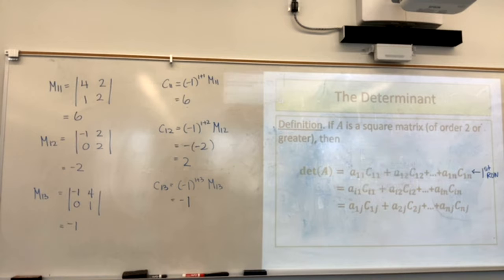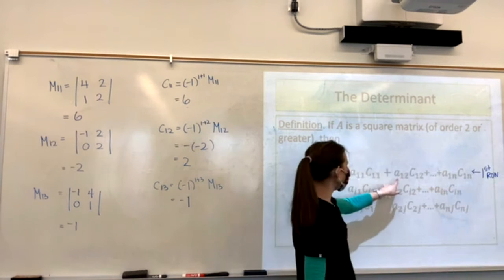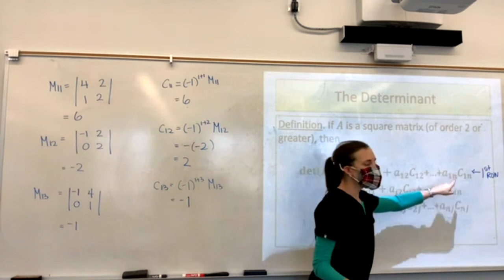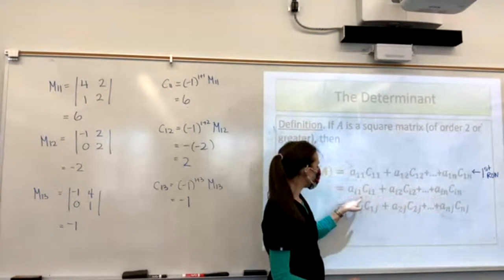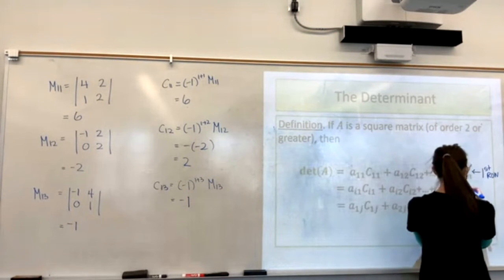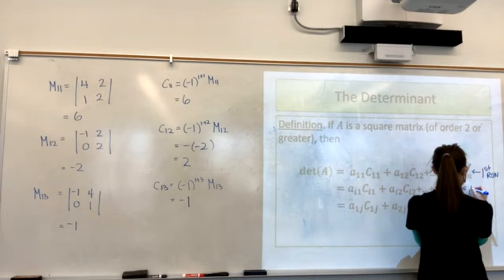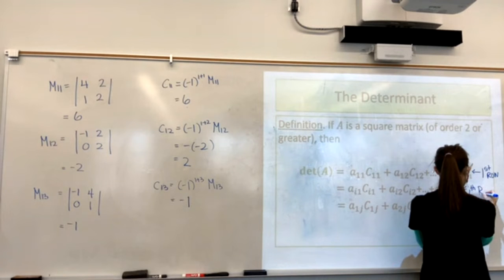But there's nothing special about working your way across the first row. You can work your way across any row that you like, right? So the second piece of the definition is what it looks like if you work your way along the ith row.